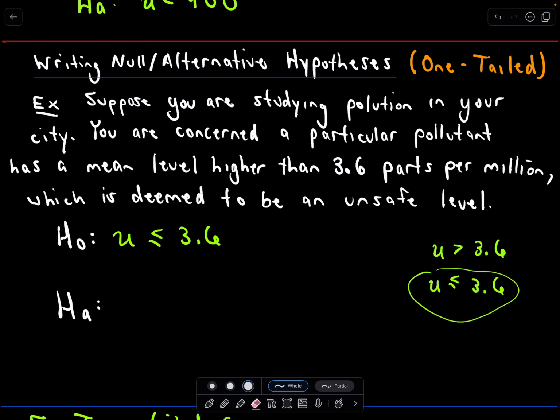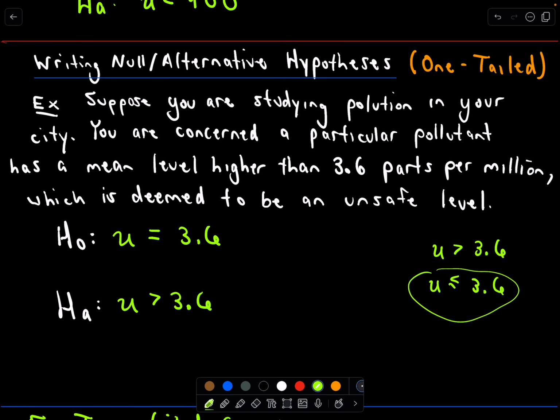Likewise, notice what we said a second ago. We could write this by simply saying mu is equal to 3.6. Now, the alternative hypothesis, which is what you are concerned about, right? Maybe you live in this city. You don't want to be breathing in this polluted air. You're concerned that the average is greater than 3.6. So that would now be your null and your alternative hypothesis.